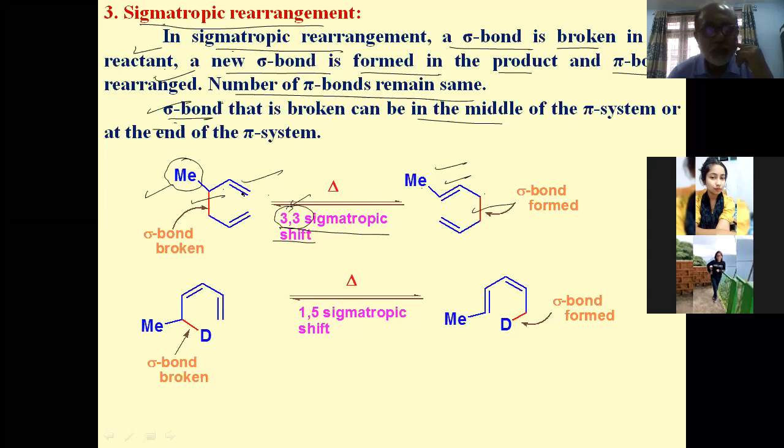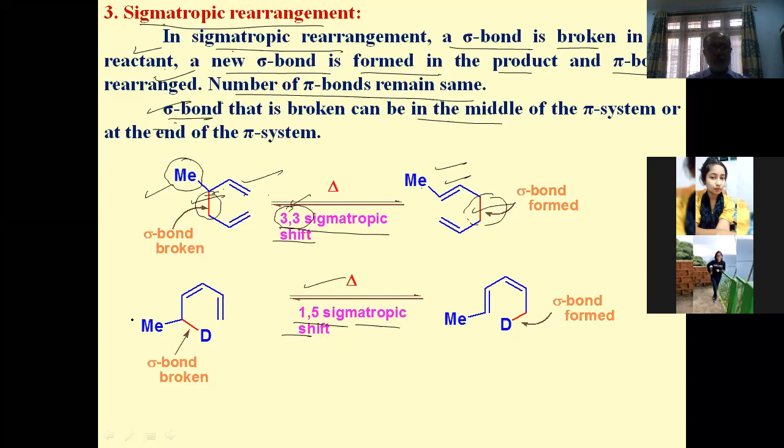One sigma bond is broken here, in the middle of the molecule, and one new sigma bond is formed here. In the middle one, what we find here is a 1,5 sigmatropic shift. Why is it a 1,5 sigmatropic shift? We'll take that up when we go into the details of these reactions.